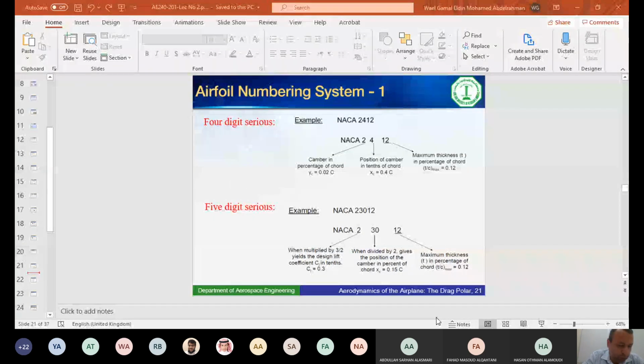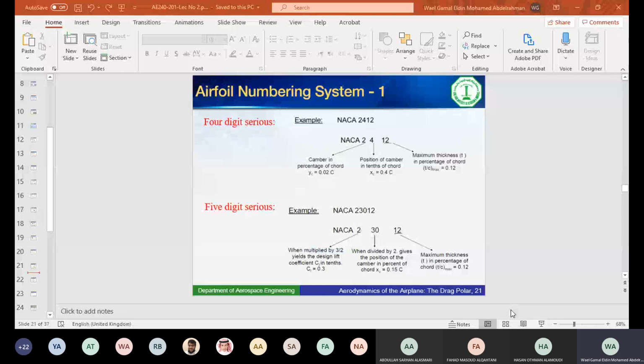I think I will have to draw it next time then, because we are almost out of time. So I'll make sure to arrange something to show you how to draw an airfoil if you know the numbering system of that airfoil. Actually, we were supposed to stop right before the airfoil families here. So we're going to continue this next time, and we're going to draw that.